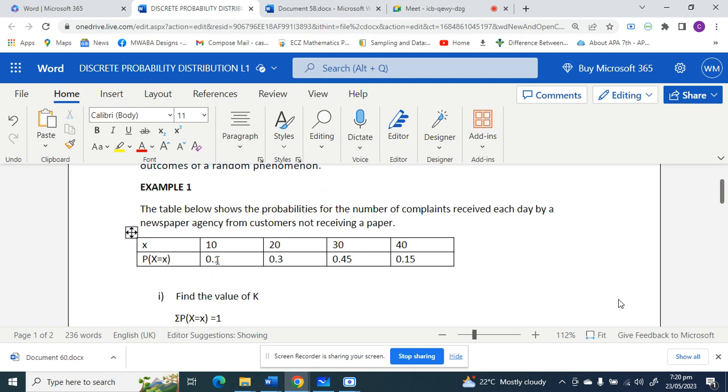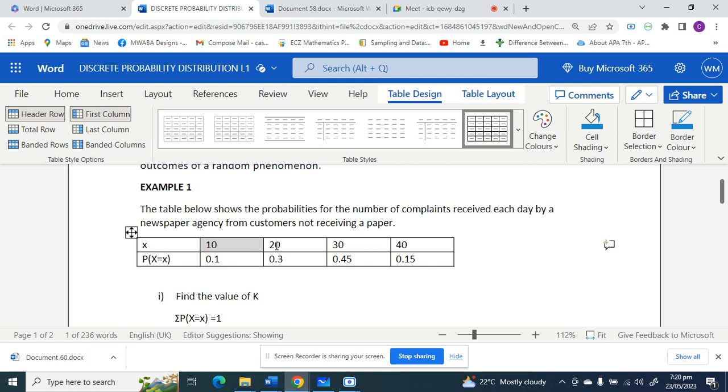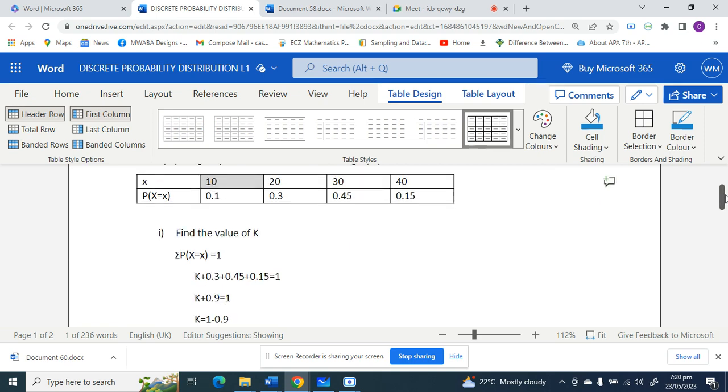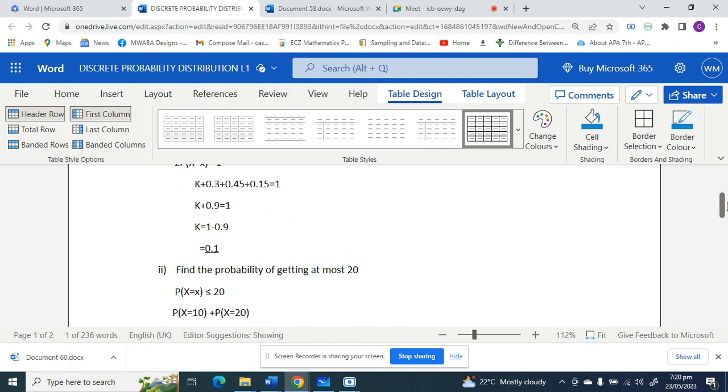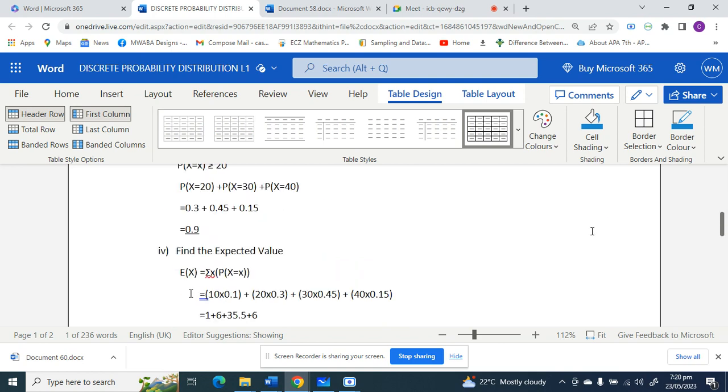Any probability below 20 is this one here. Okay. So the probability of getting at most 20 complaints also means you can get 10 complaints, or 10 or 20 complaints. We first represent it like this.